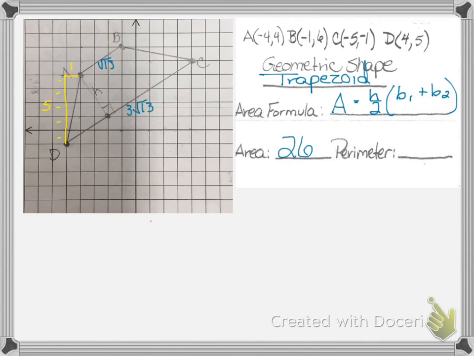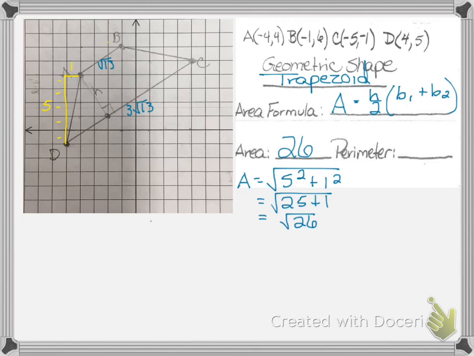So this length is 5. Let's use the Pythagorean theorem to figure out the length of AD. It's 5 squared plus 1 squared, which is 25 plus 1, which equals the square root of 26. We cannot simplify that any further.